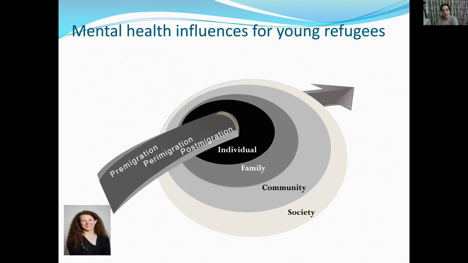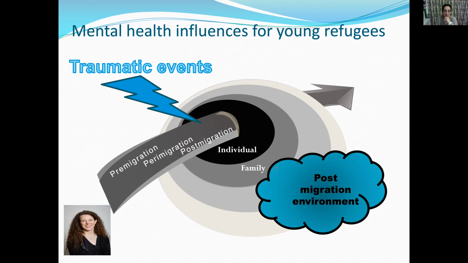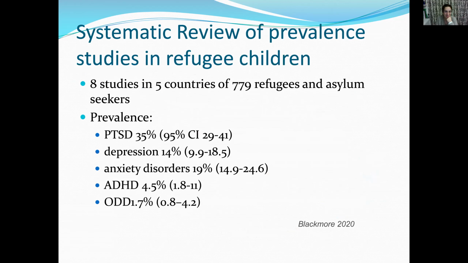It's important to think of that individual in the context of their family, community, school, and the wider society. They have multiple exposures to potentially traumatic events, either in their countries of origin, on the journeys, or when they arrive, all of which seem to be fraught with major complexities. And then you come into this dark, cloudy post-migration environment, which we need to try and brighten.